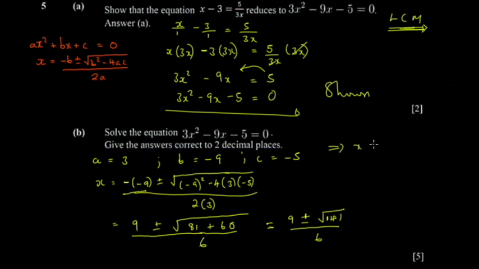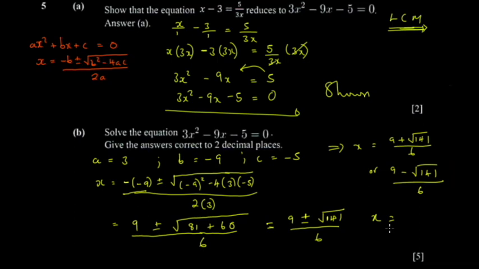So x equal to 9 plus square root of 141 all over 6, or 9 minus square root of 141 all over 6. Okay, so I don't know why I wrote 4 there. It's supposed to be 6. Okay, so x equal to, now you just have to check your calculator, then you punch.